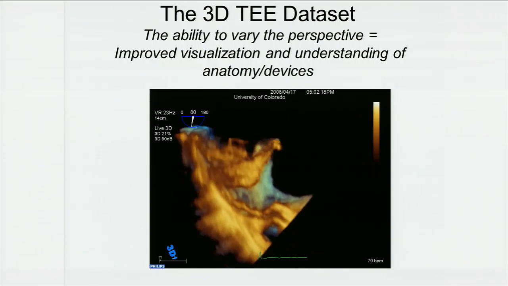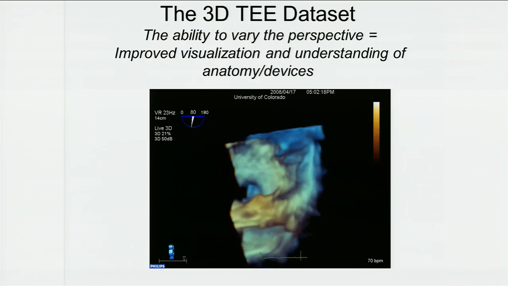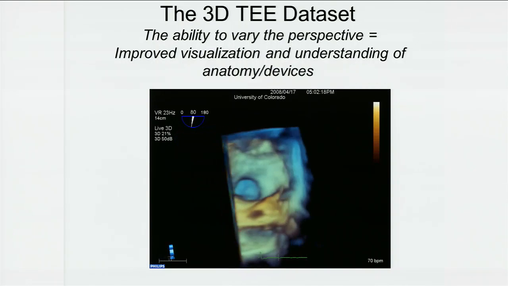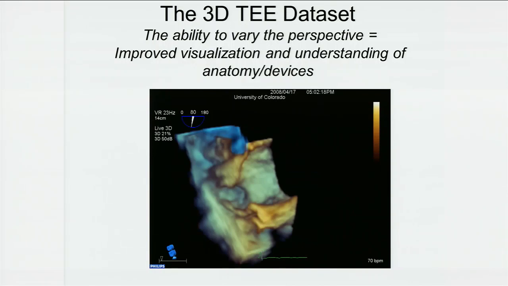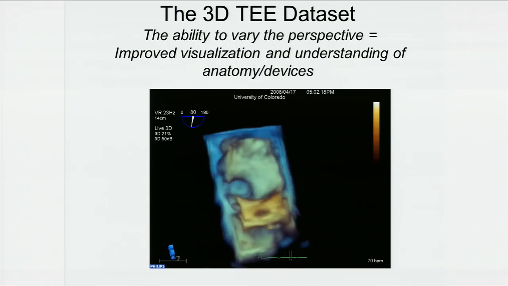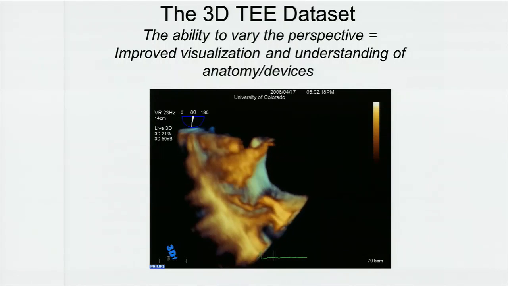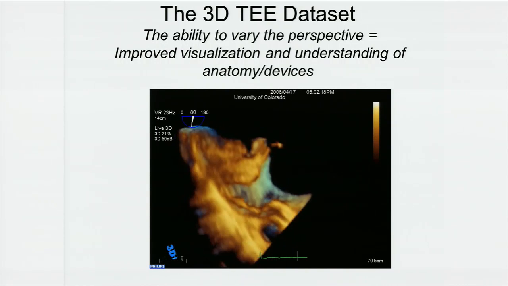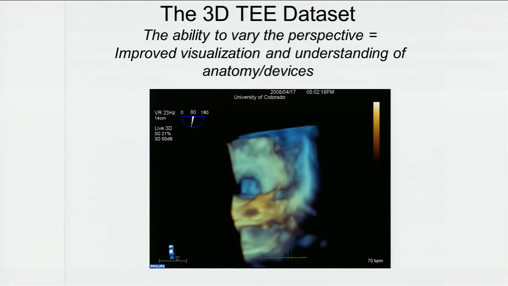And not only do you see how inherently one can become more familiar with the anatomical structure, but how one might start thinking about what kind of device, how would I put this in. So it really started to show that improved visualization and understanding of anatomy came along with having the ability to control the image.